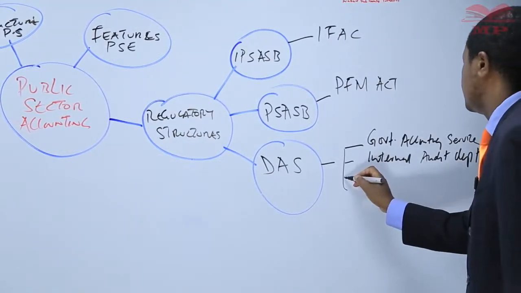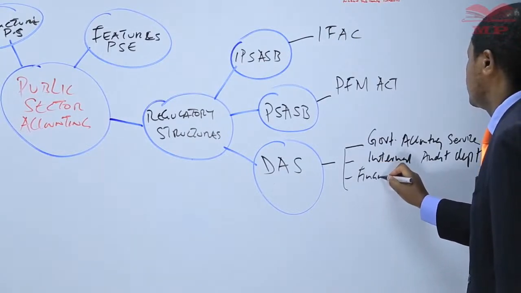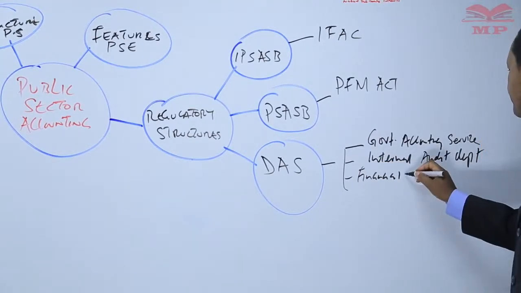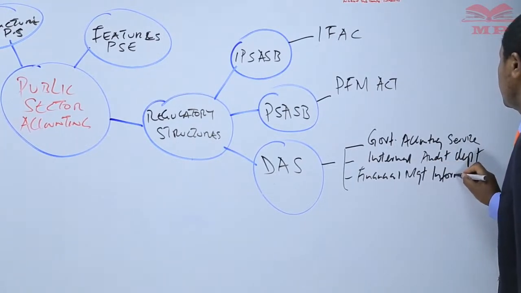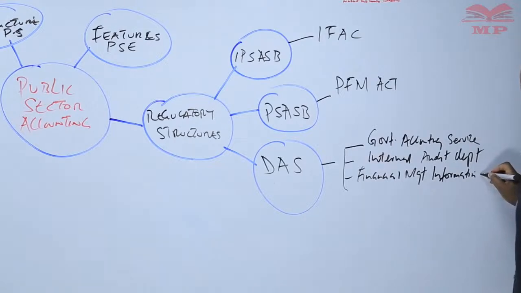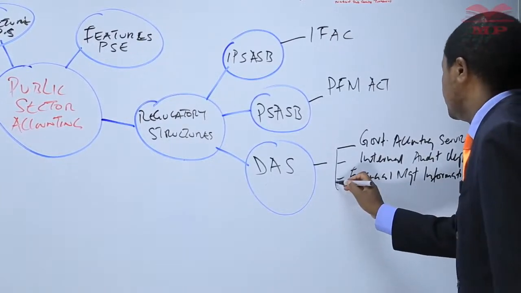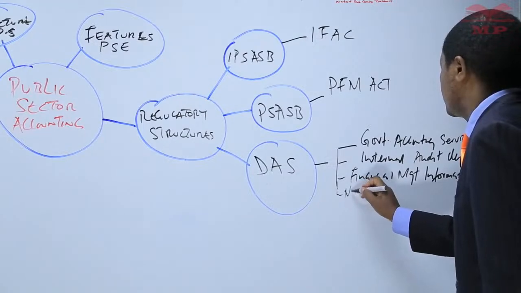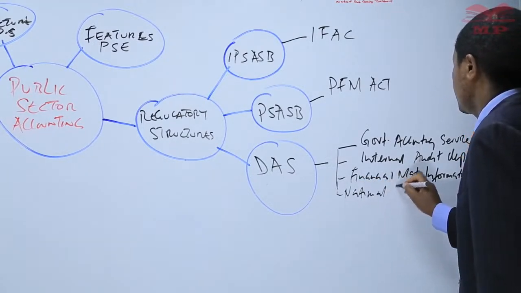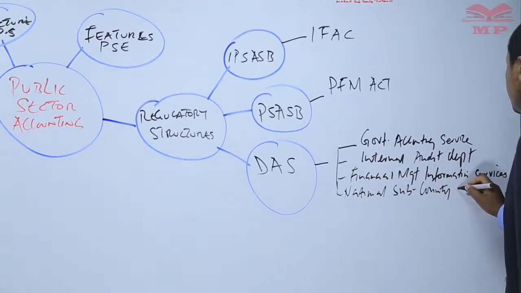The third directorate is the financial management information services, the famous IFMIS. Then there is the last department, which is the national and sub-county treasuries.